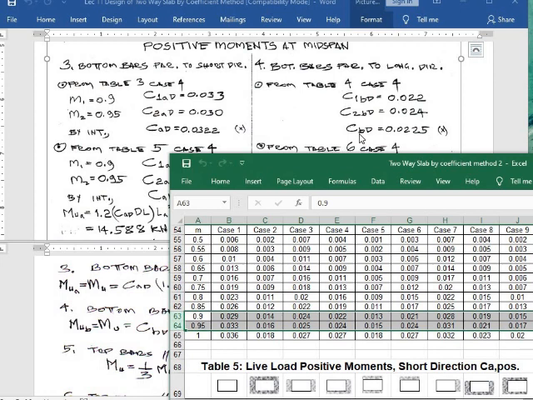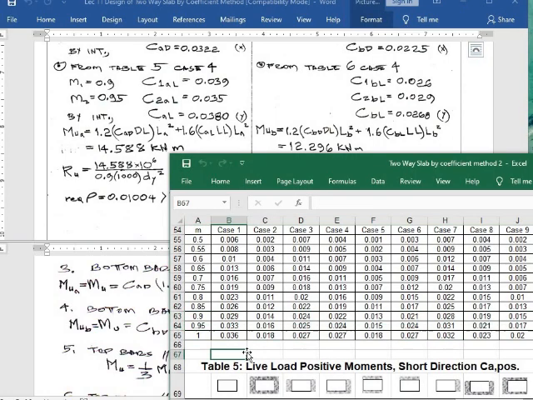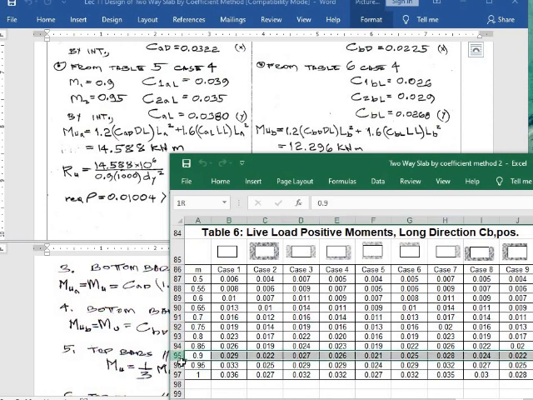So, your CBD, so that means in the long direction, yung subscript na B, tapos D sub, that means dead. So, you have 0.0225, you store this to X. And then on table 6, eto siya. Table 6, 0.9 and 0.95, case 4, you have 0.026, 0.029. Your coefficient for CBL is 0.0268.